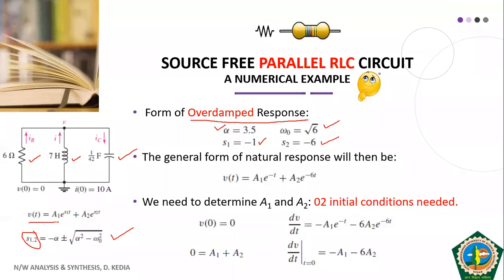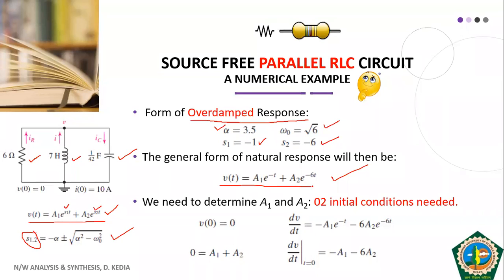As we have seen in the previous slide, the total natural response will be the summation of the two solutions that we have obtained. If we substitute the values of S1 and S2 in that, we get this equation.